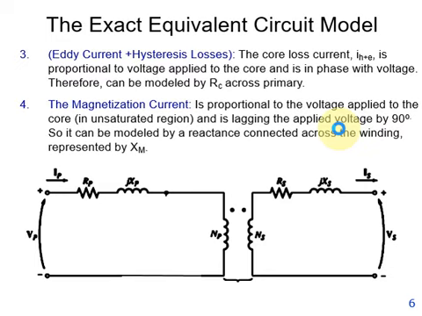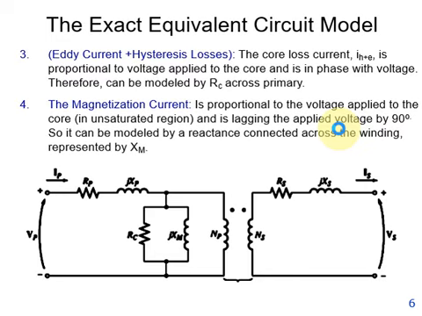In this case we will put a resistance RC in parallel across the primary winding, as you can see on the primary side of the winding.